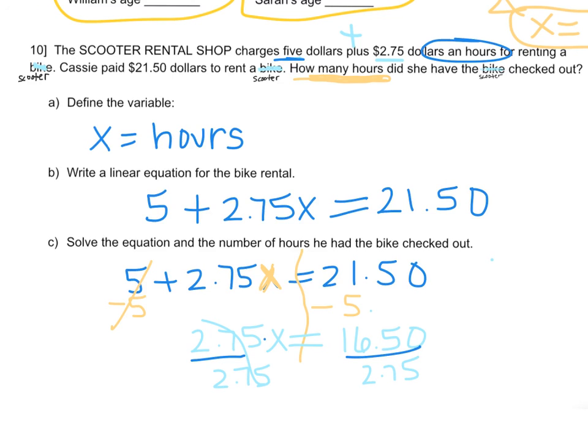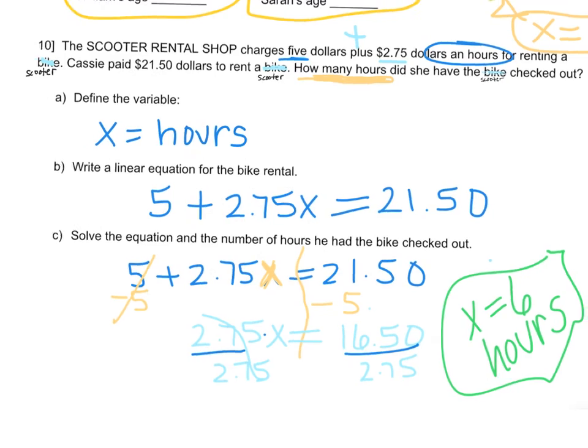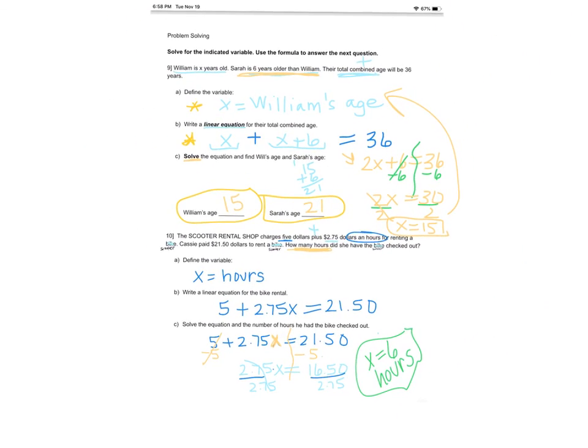And our final answer, when I do 16.50 divided by 2.75, so x equals 6. So Cassie had the scooter rented for 6 hours because x equals 6. Okay, and that takes care of your study guide. Make sure you have all the work shown, and if you have further questions, let us know.